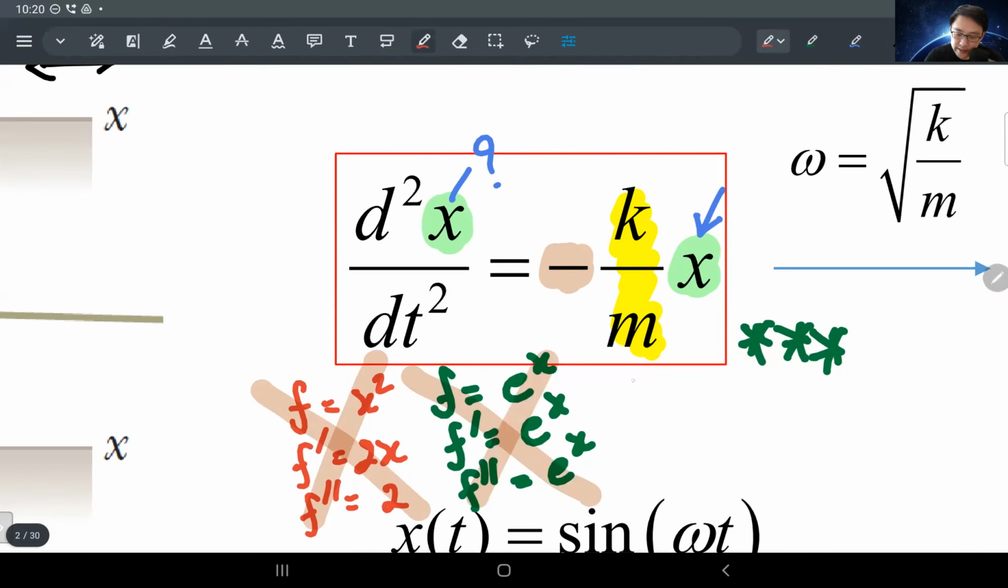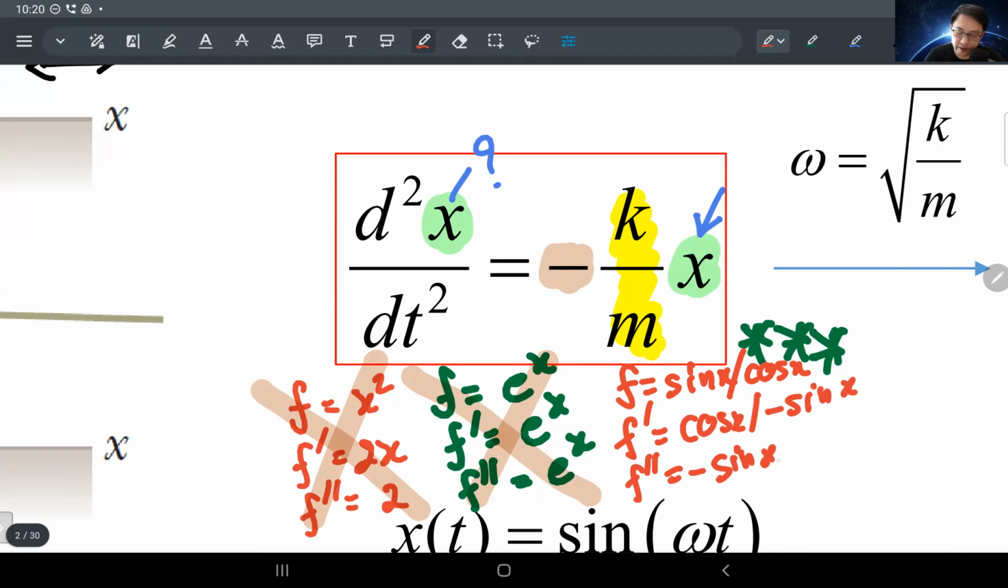It has to be sine or cosine. If I write both of them side by side, the derivative of sine is cosine. The derivative of cosine is negative sine. You do it twice, you get negative sine x and negative cosine x. Can you see that? That's good, in the sense that now you start with the sine, you end up with the sine with the negative sign in the front.